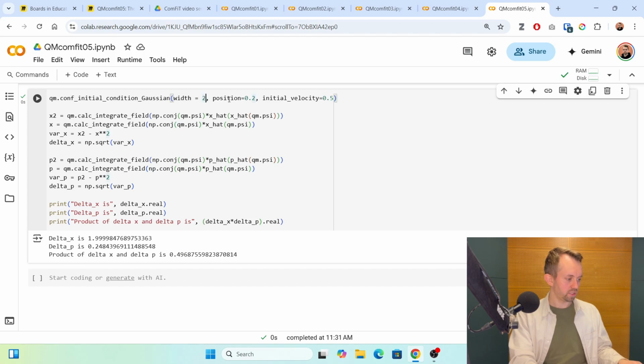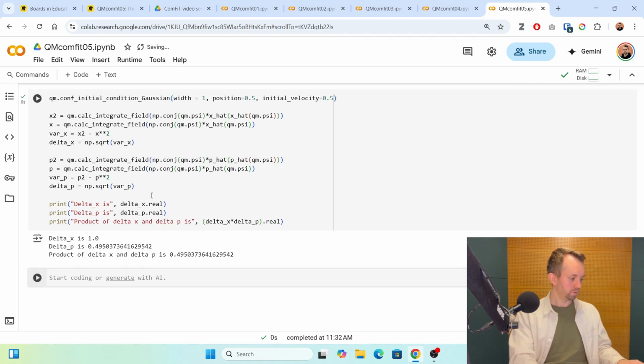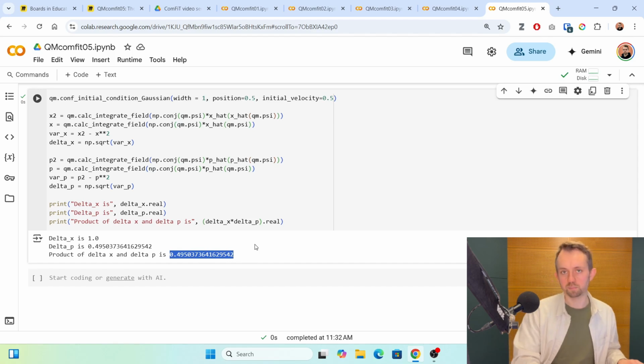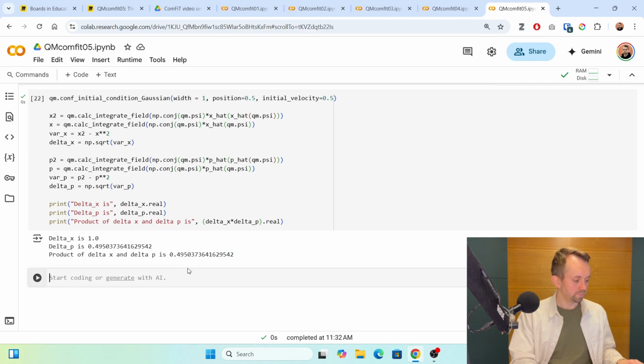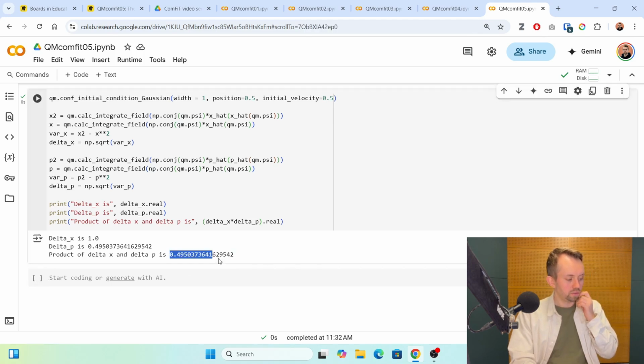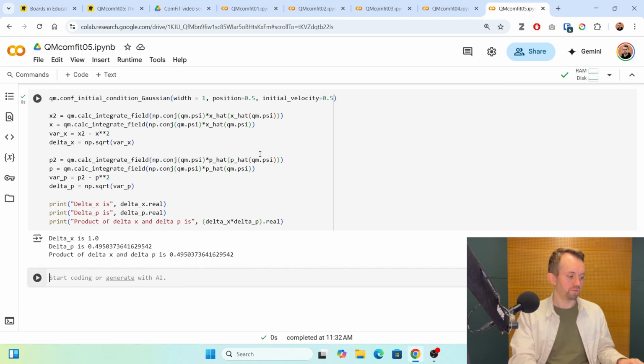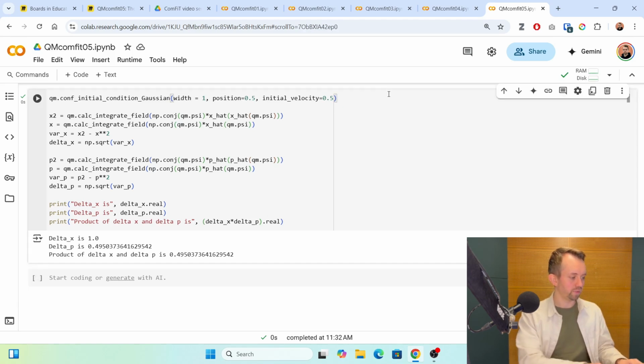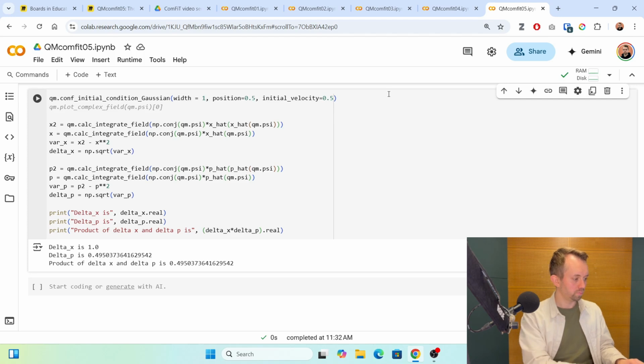And if I change it to something else, like 1 or 0.5, then again, I get different numbers, but the product is still about the same thing, 0.495. And what you will see here is that in this case, for these Gaussian functions, the product is always going to be 0.5.